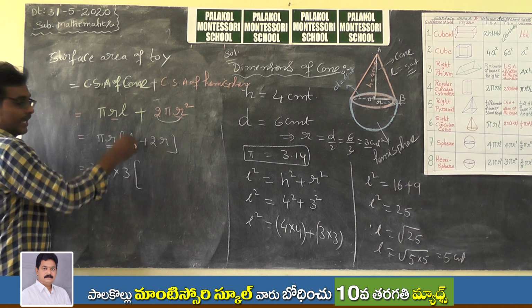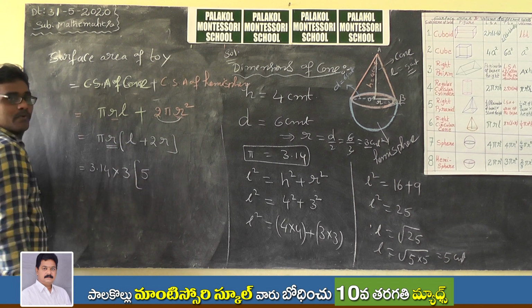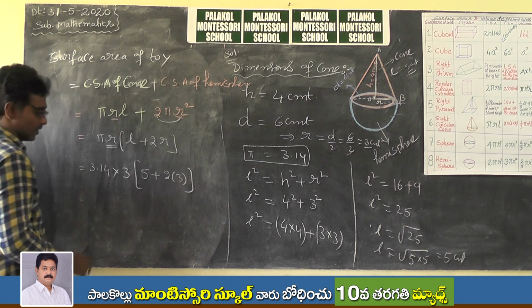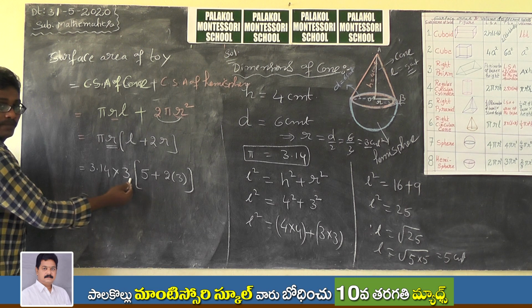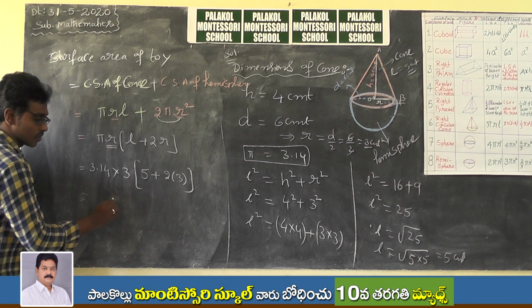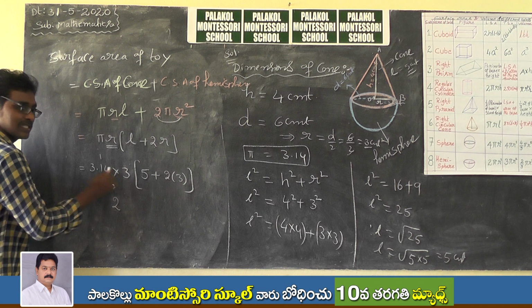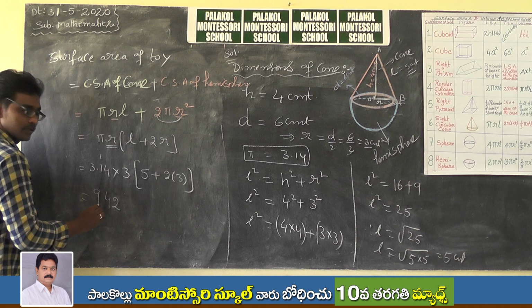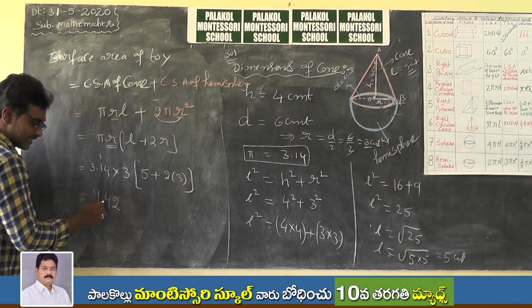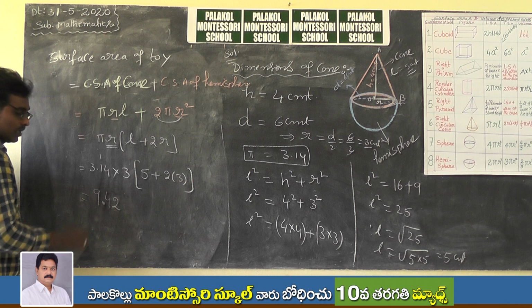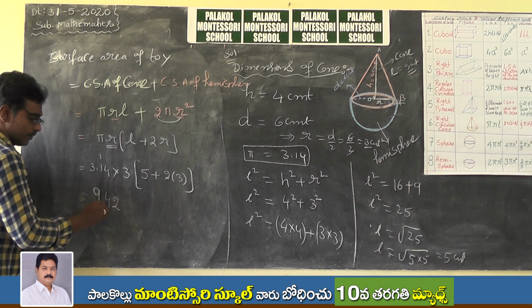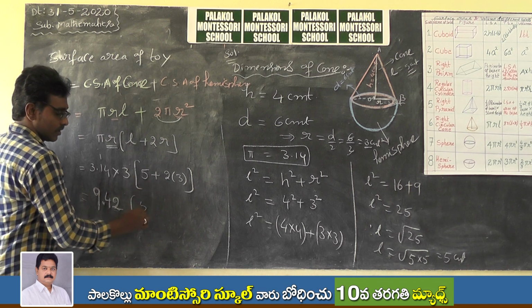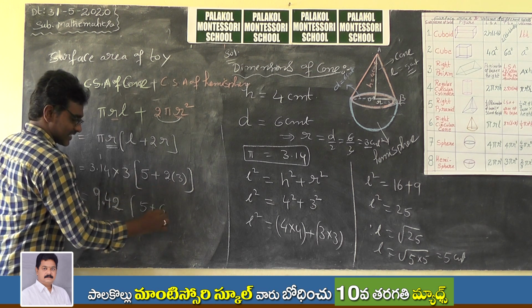Now these two are multiplied: 3.14 into 3 is 9.42, with two numbers after the decimal point.